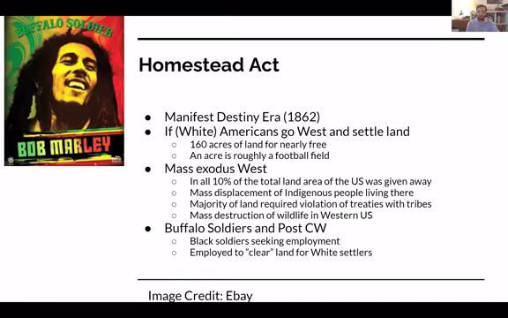So they sign up for the army and they become Buffalo Soldiers, and they become some of the frontline people who have to do that displacement and that massacring of the indigenous folks, so that the white soldiers from the Civil War can go back home to their families.